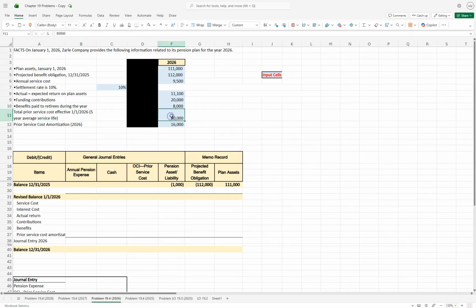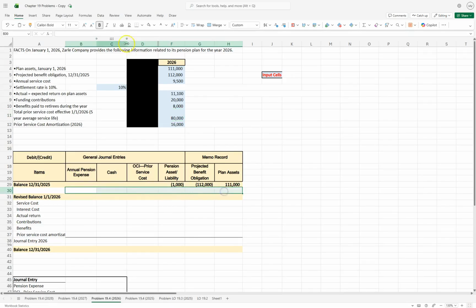The prior service cost. So the prior service cost total is $80,000, and that is actually going to increase our projected benefit obligation, and the other side of the entry will go to OCI.